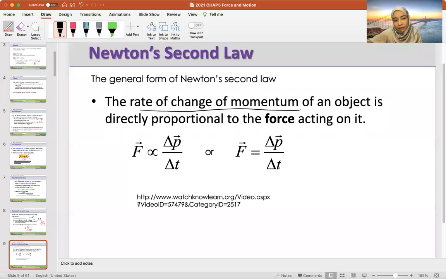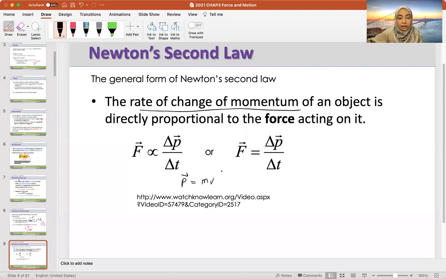It looks somewhat similar to Newton's first law. Actually it's a continuation. So you have the first law talking about inertia. The second law explains that inertia but in other equations. And then the third law is the same, it's a continuation of all this. So F is proportional to the change in momentum over the change in time. What is momentum again? P equals mv.